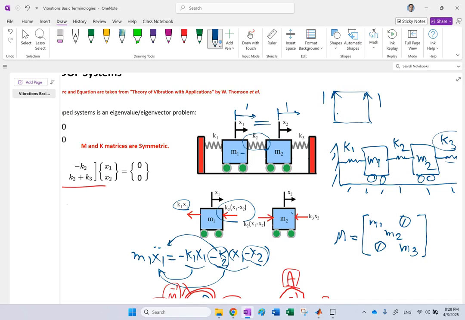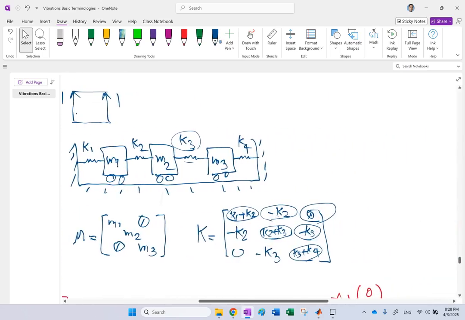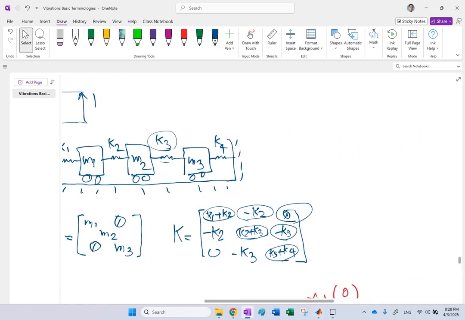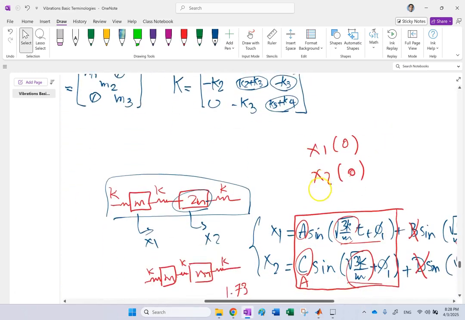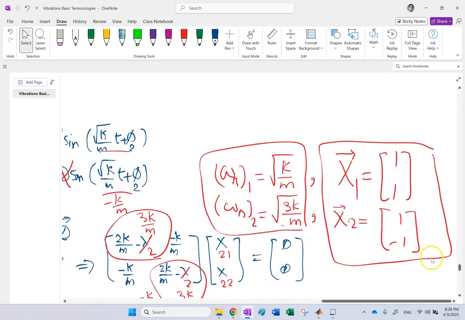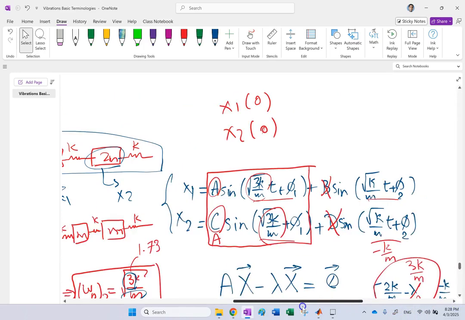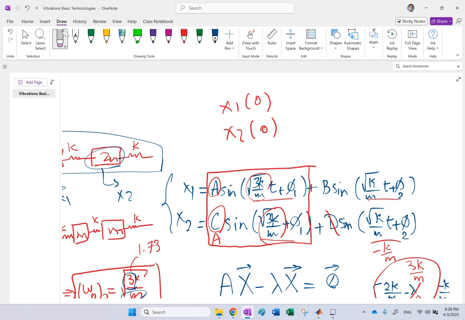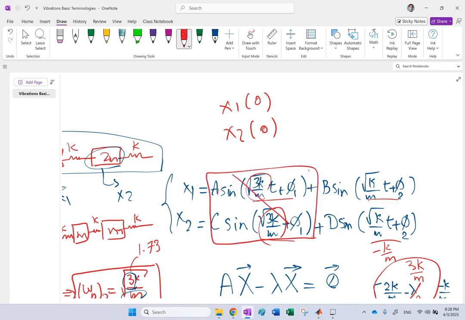Now, on the other hand, if I go ahead and look at the second mode shape, the second mode shape was 1 and negative 1. What does this mean? It means that if the system only oscillates in the second mode, in the second frequency, so basically these guys are 0, forget about those for a second.